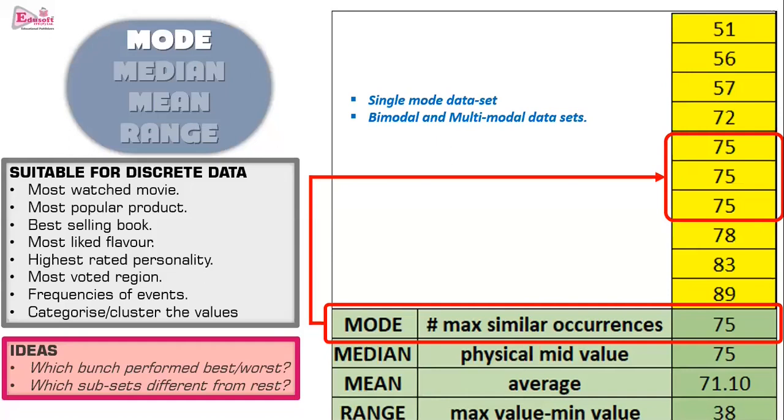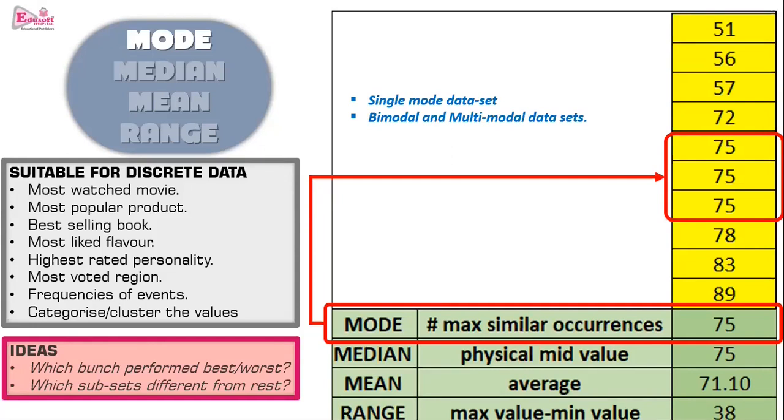And mode, if you remember, we discussed clustering also. It helps in clustering when we look at the data set. The repeating values can be separated into different clusters for analysis.